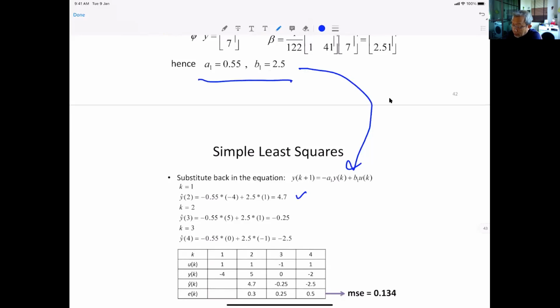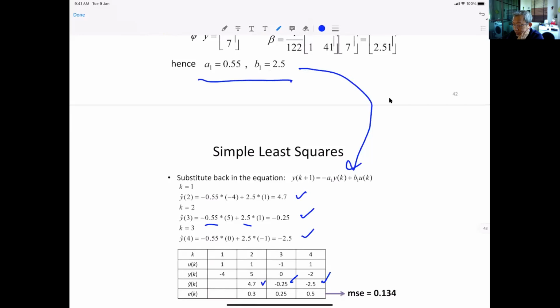So you insert the estimated 4.7 here. K equal to 2, use the a1 that we get and the b1 multiplied with the data given, then you get minus 0.25, which is here. Then for y4, same as well, so you get minus 2.5.